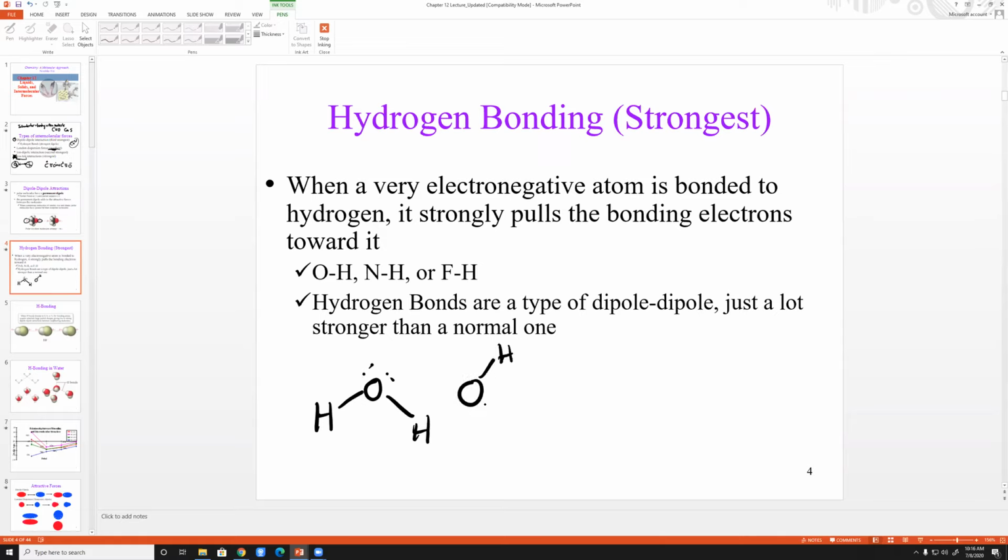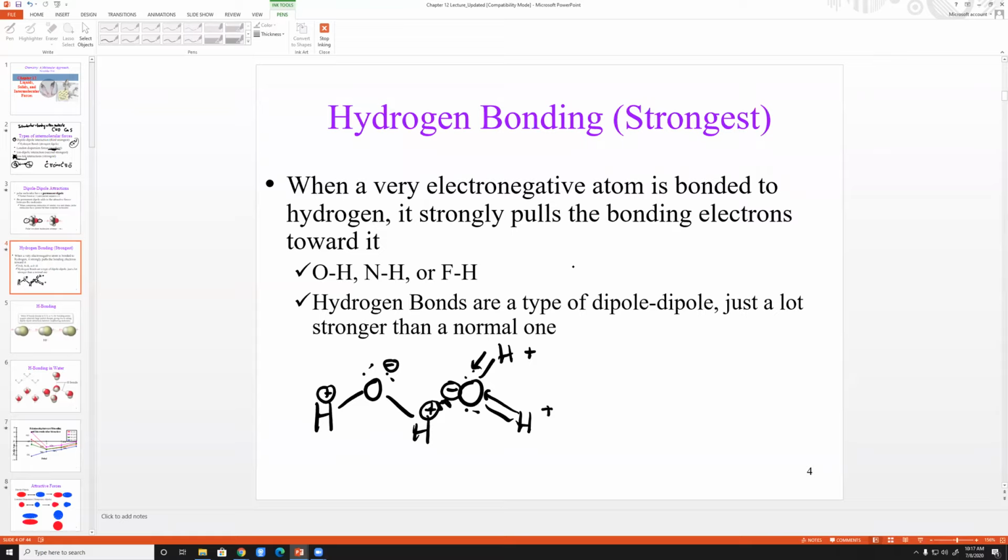Here's another water molecule. Water is very polar, and all the electrons are going towards the oxygen, making partial positives on the hydrogen and partial negative on the oxygen. In water, they will arrange in such a way where the positives line up with the negatives and make that strong dipole-dipole force, which is known as our hydrogen bond.